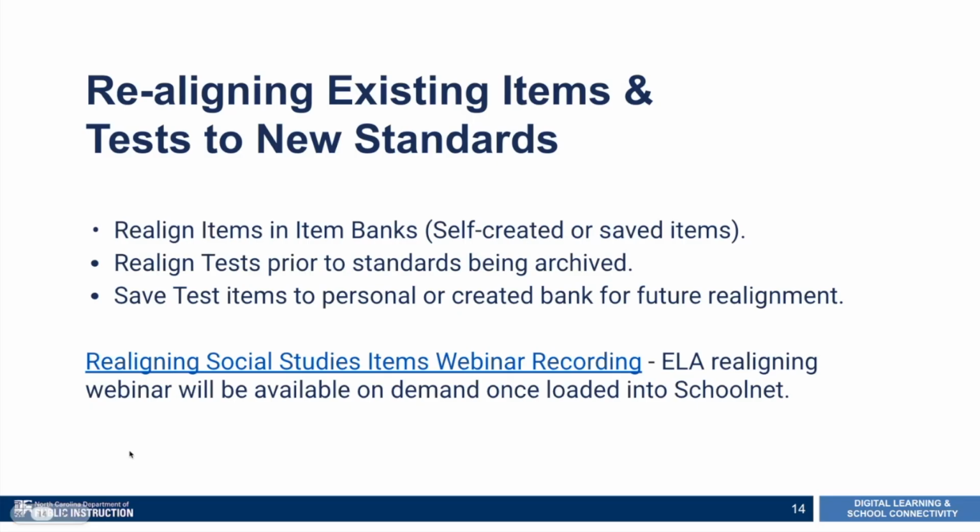Why we're bringing this to your attention now, at the end of this school year, when you have a year out, is because if you have self-created items in Schoolnet, be it teachers creating, school admins creating, or you have a school bank or district bank of ELA items, while we will not be removing your items, the standards will be stripped from the items when they're archived.